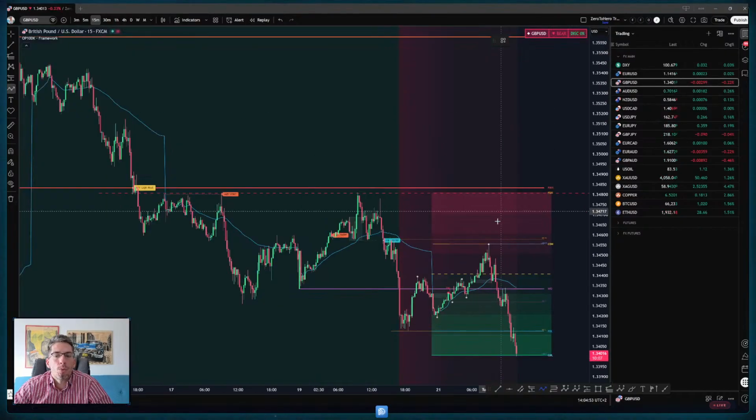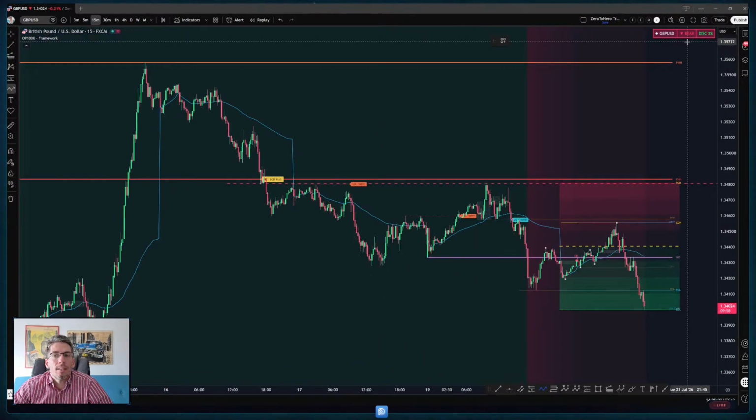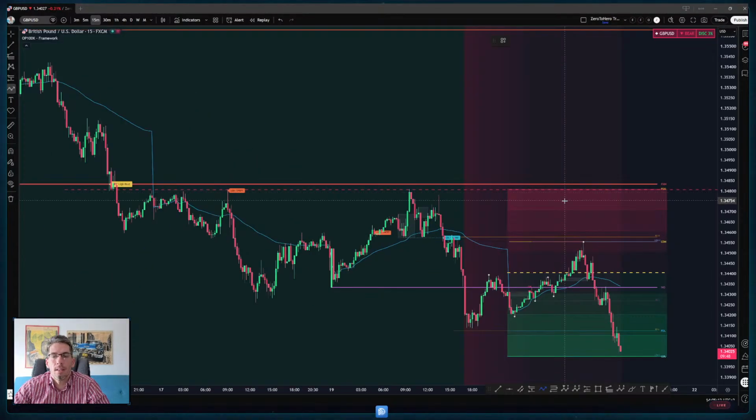And while that's true, I saw exactly the same thing on the pound dollar, where our indicator was telling us the trend is bearish and that while we remain below 134.80, we had a better chance to look for short trades.